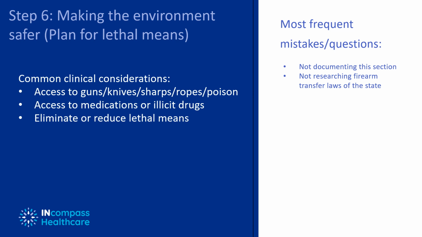The other thing that we want to really be very aware of is researching firearm transfer laws in your state. Sometimes if you're thinking about how are we going to get a client to possibly give their guns to someone else, that may not be the best solution, because one of the things that you have to think about is that in each state, there are laws about transferring firearms.